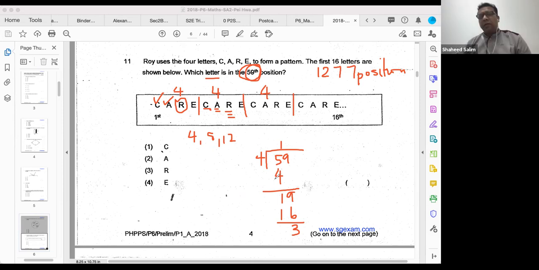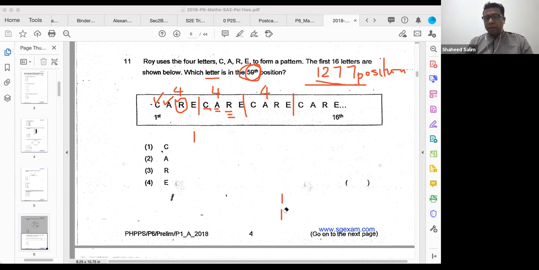Is it E? Shakil, let's say now the position is 1277. Do this method now. Find out what's the remainder. No remainder means it's E. Remainder 1 means C. Remainder 2 means A. Remainder 3 means R. What do you say? Come on, you can do this.